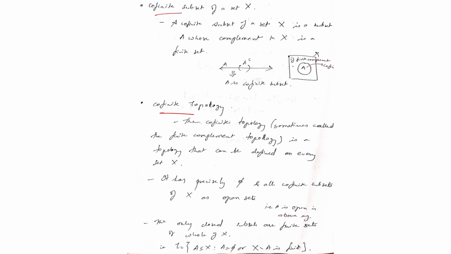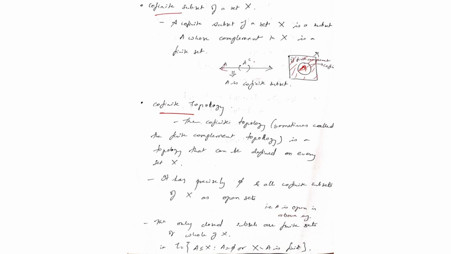Okay, fine. So if you have any set A that is a subset of X, then we will say it is a cofinite subset if its complement, that is this part, is also finite. Then only we will say A is a cofinite subset. Fine.